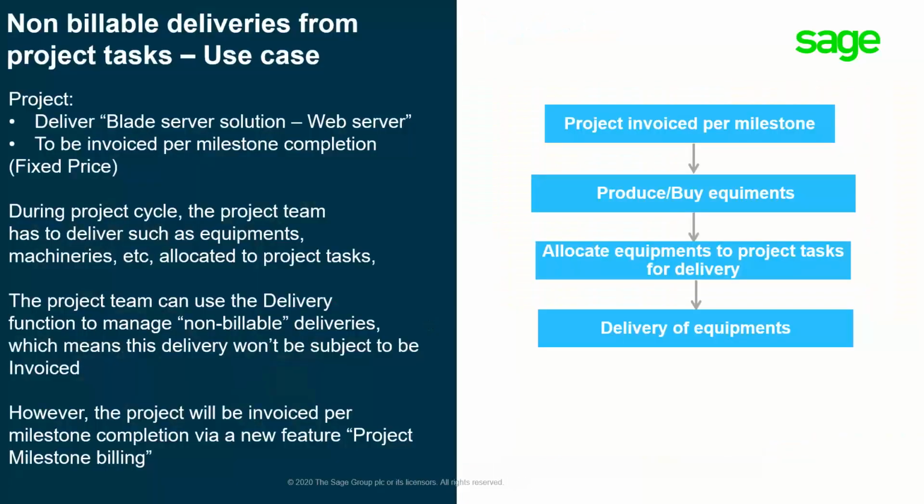So let's go to a use case I prepared just to illustrate what it is. Let's say that I have a project. I have to design and assemble a Blaze server solution, which is a web server, for a customer. During the project cycle, my team, the engineering technicians in the team, have to deliver some equipment or machines allocated to some project tasks to the customers.